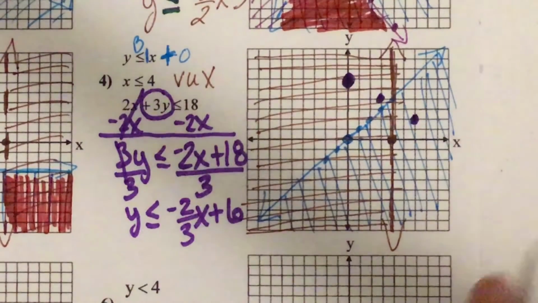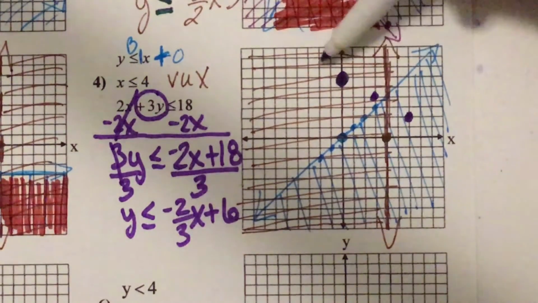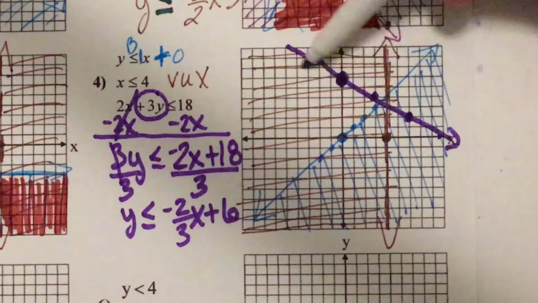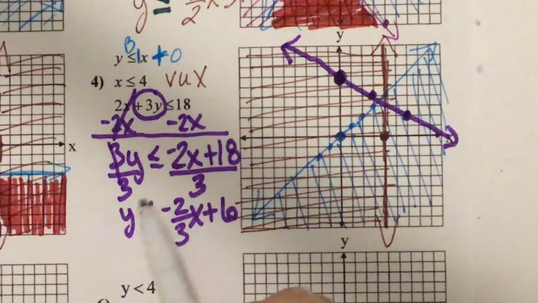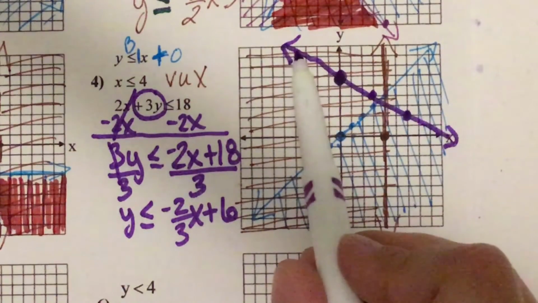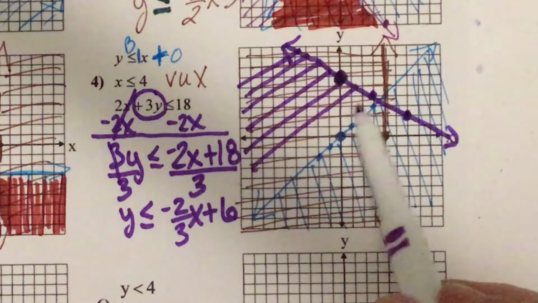Okay, solid or dashed? Solid. There's an equals. And do I shade above or below? Less than, I shade below, another below.